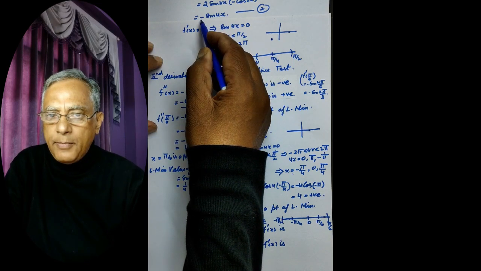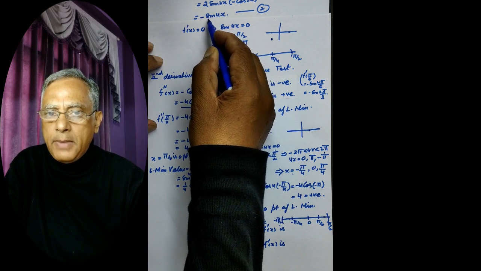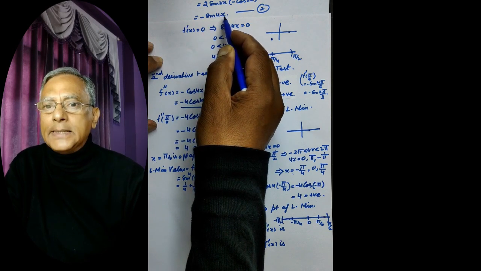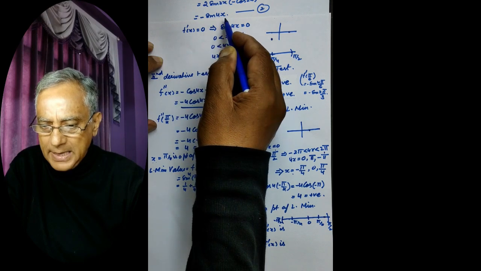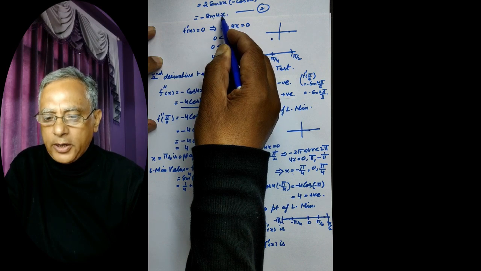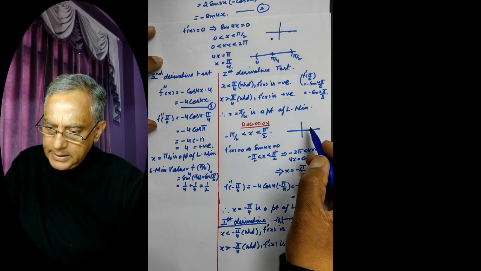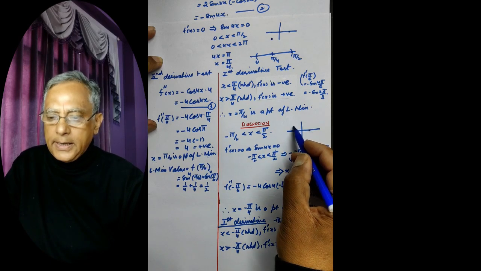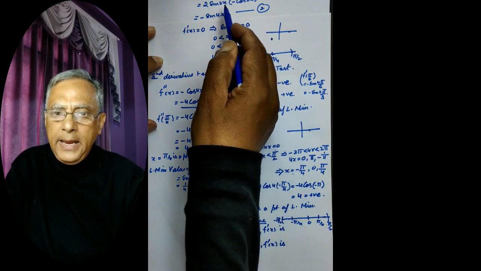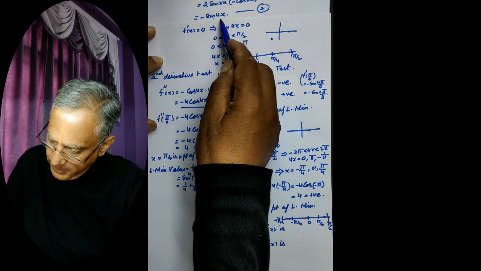Sine of minus 240 degrees will be equal to minus sine 240 degrees, because sine of minus theta is minus sine theta. So this will be plus sine 240 degrees. 240 degrees is in which quadrant? First, second, third. It is in the third quadrant. In the third quadrant, sine is negative. So sign of f dash x will be the same as sine of 240 degrees, which is negative.